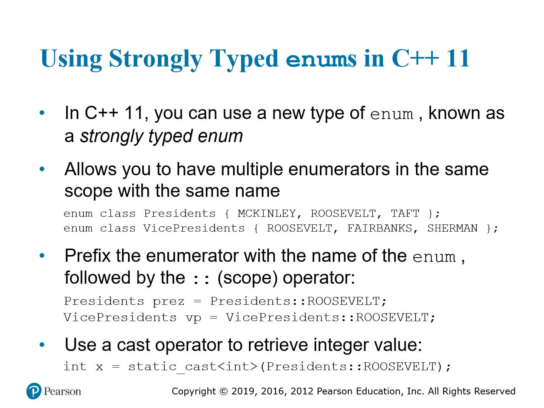In C++11, they allowed you to create an enum class, which makes the enumerators within the scope of the enum name. So now I have one identifier, presidents::Roosevelt, and another one, vice presidents::Roosevelt. The :: is the scope operator. It says Roosevelt. Which Roosevelt? The one in the scope of presidents. Which Roosevelt? The one in the scope of vice presidents.